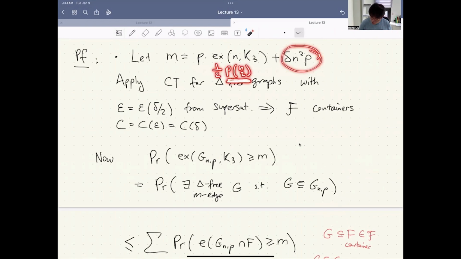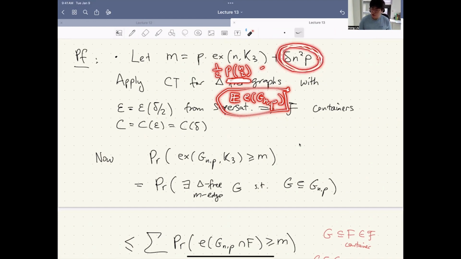Here p times n choose 2 is the expected number of edges in G(n,p). So this means we are by a margin noticeably larger than the expectation.